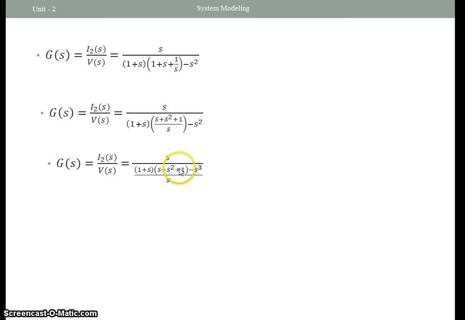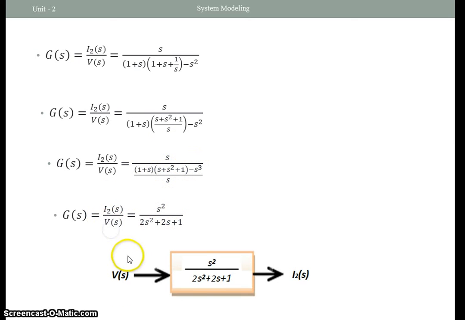We can expand this, then subtract S cubed, and we will get this as the simplified transfer function of the given circuit in terms of I2 of S and V of S.